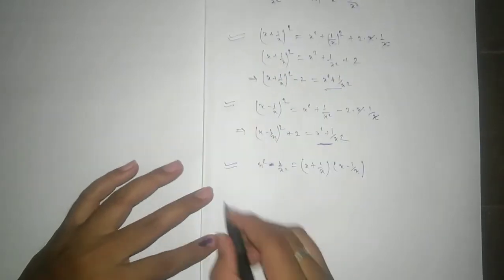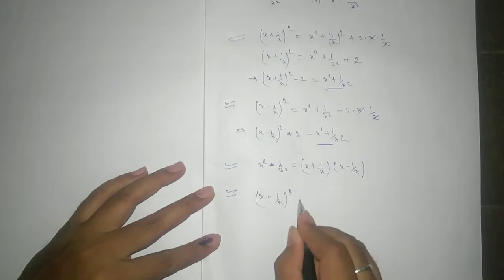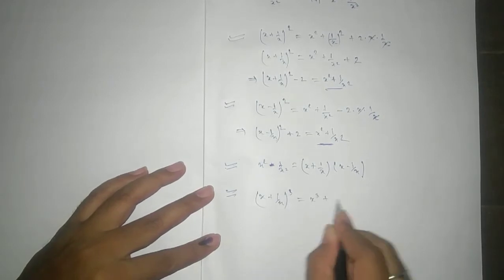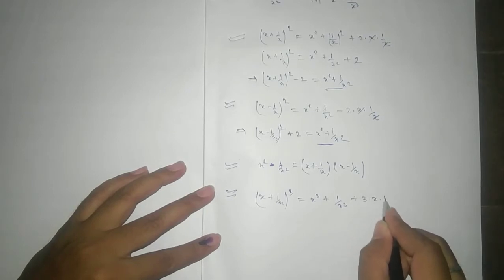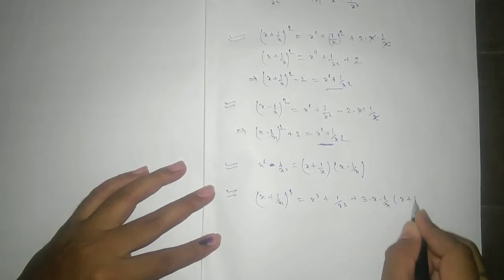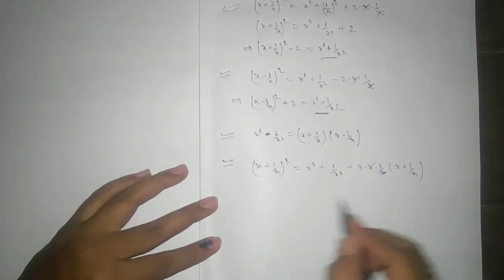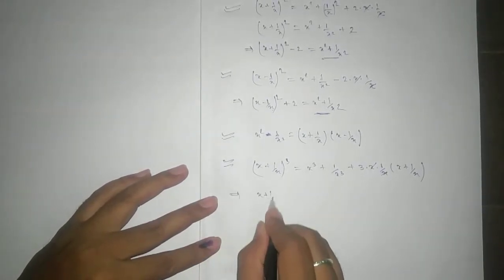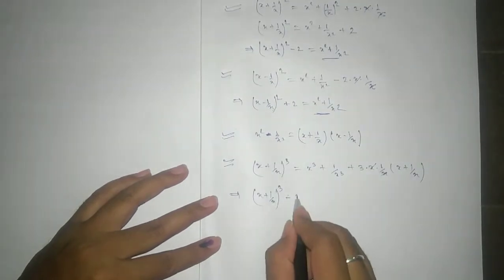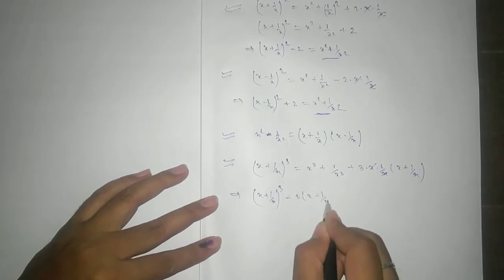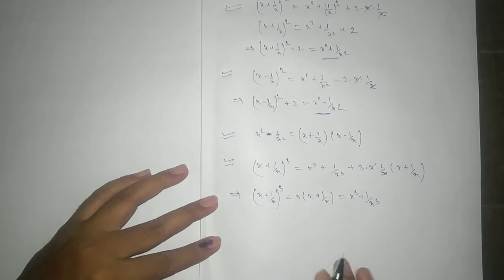For the third one, we need to know the a plus b whole cube formula. There's a formula: a cube plus b cube plus 3ab times a plus b. We are going to apply this formula. So here x cancels, and we get x plus 1 by x whole cube, and if we take this whole thing to the other side, minus 3 into x plus 1 by x, we get x cube plus 1 by x cube.